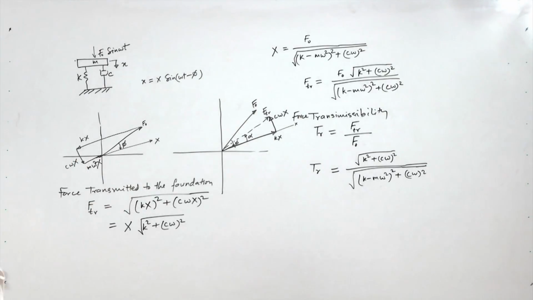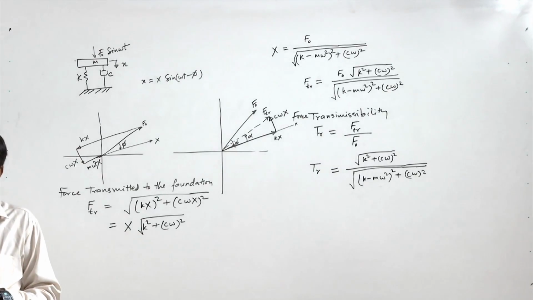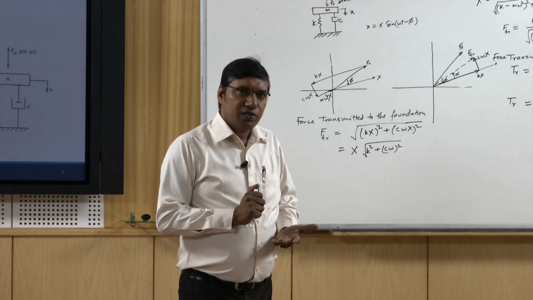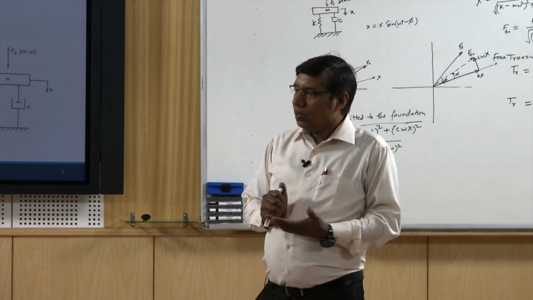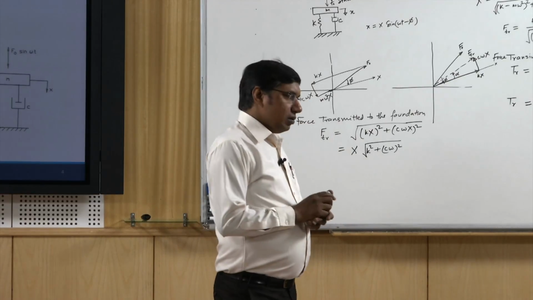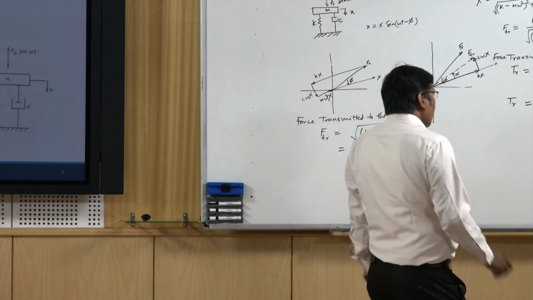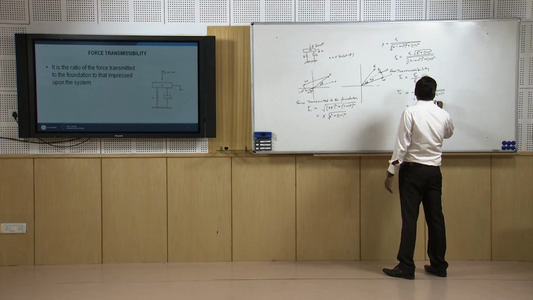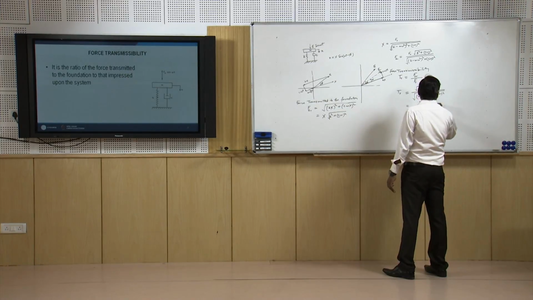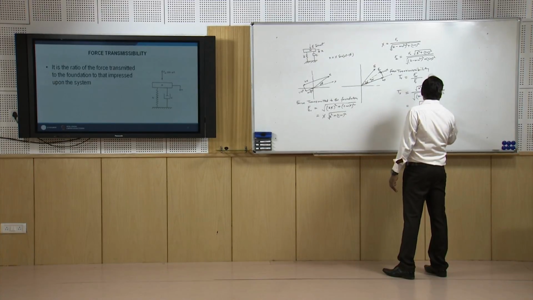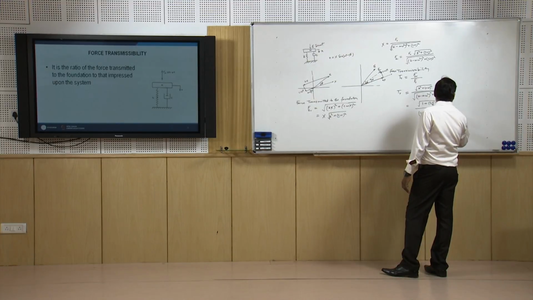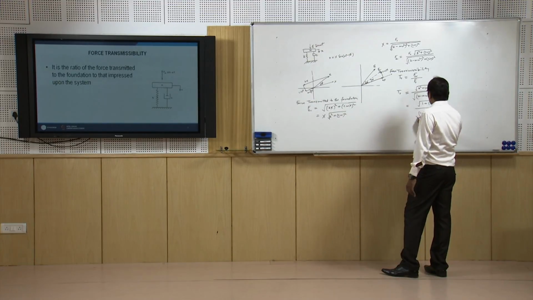So it represents the ratio of the amplitude of the force transmitted to the foundation to the force impressed on the system. Now we take k outside, we can write root 1 plus (c omega by k) whole square upon 1 minus (m omega square by k) whole square plus (c omega by k) whole square under root.